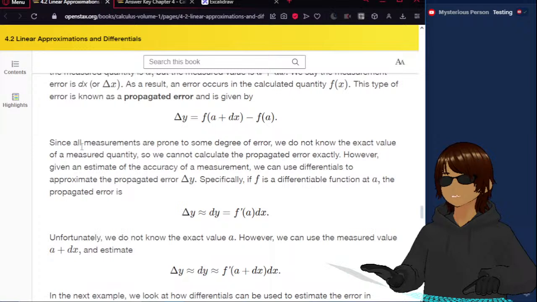Since all measurements are prone to some degree of error, we do not know the exact value of a measured quantity, so we cannot calculate the propagated error exactly. However, given an estimate of the accuracy of a measurement, we can use differentials to approximate the propagated error, delta y.